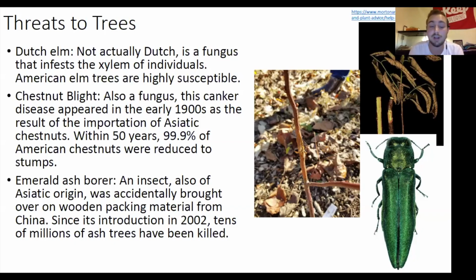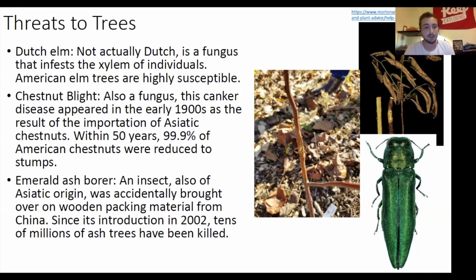So this is a product of a long-term traditional breeding program that bred American chestnuts with some Chinese chestnut, and they back-crossed to produce an American chestnut that is 94% American, about 6% Chinese chestnut. So we have those planted, and we're hoping that 6% Chinese chestnut will allow for some resistance to the fungus.